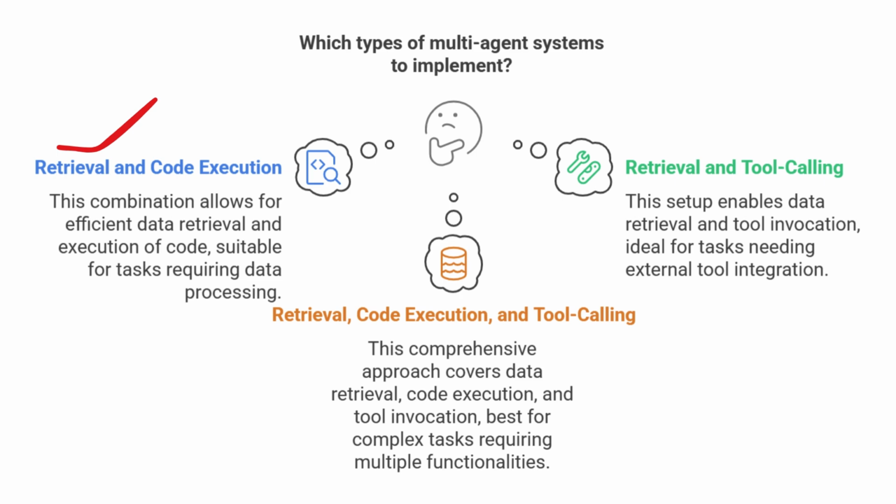The retrieval agent's job is to search for the latest stock data, while the code execution agent processes the numbers and determines trends. If a user asks about the current trend of a particular stock, the AI system first fetches the latest stock price, then runs a Python-based analysis to predict whether the stock is trending up or down. Finally, the AI presents a clear, data-driven response to the user.